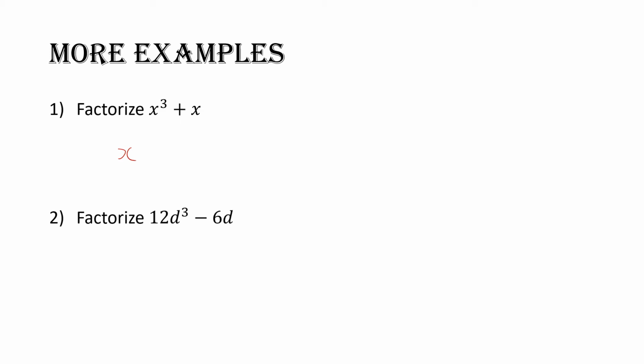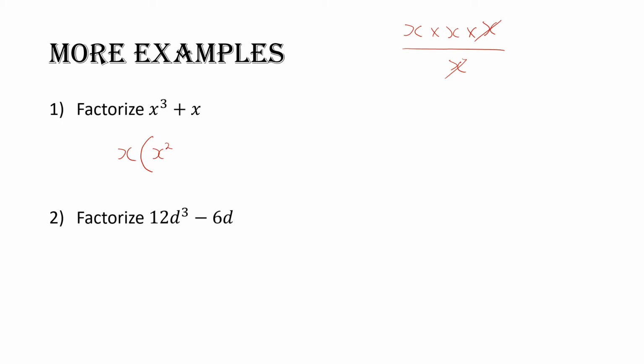We put the x outside and then we open a bracket to factorize the remainder. So x could go into x cubed. I will expand it for you to see. So this is the same as x times x times x. This is x cubed, and that is divided by x. So 1x cancels 1x, and that will leave x times x, which is the same as x squared.